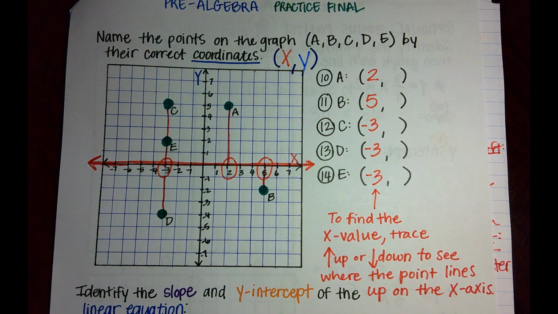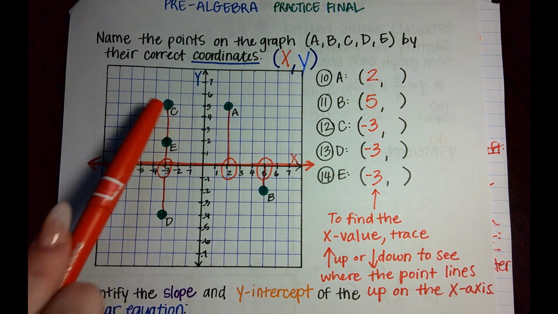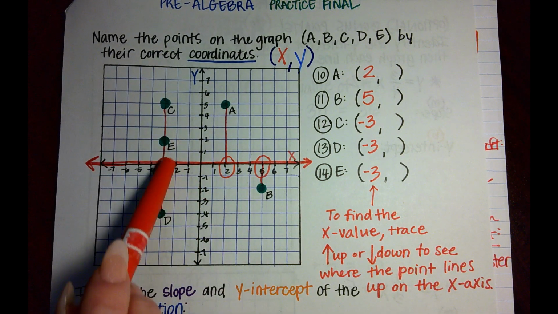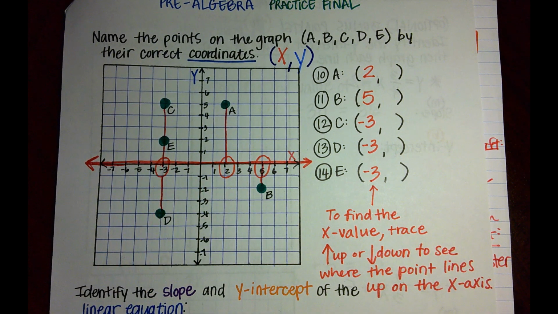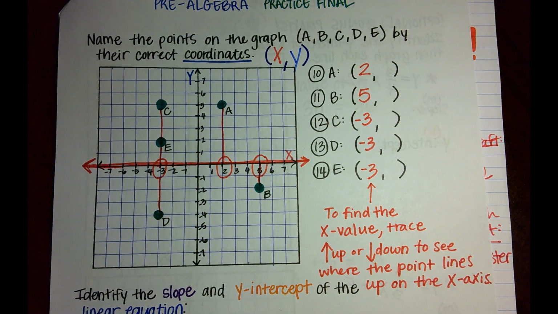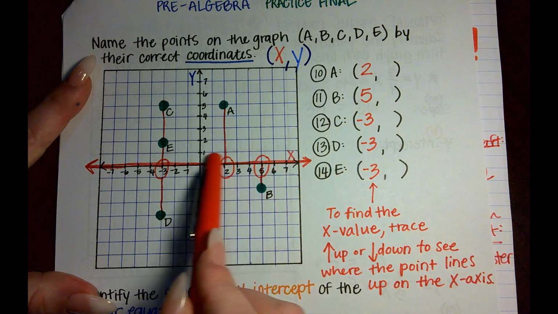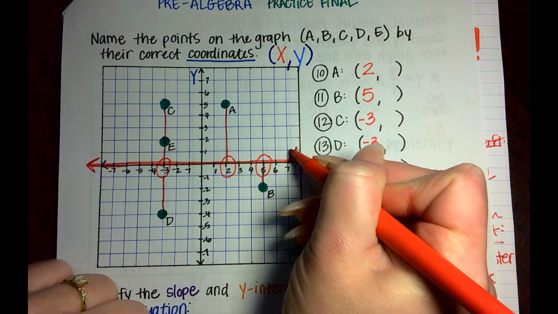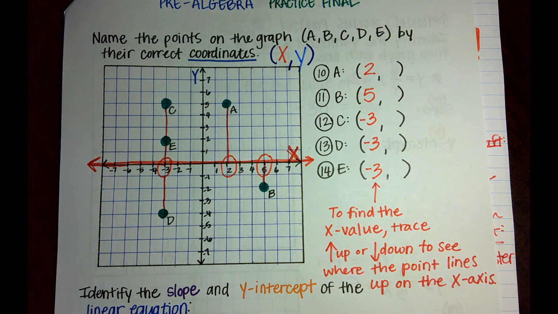Okay, so anytime we have a point and we want to find the x value, we just trace up or down and see where it touches the x-axis. The x-axis, remember, is the line that goes across here, and it will be labeled with an X. That way we know which is which.